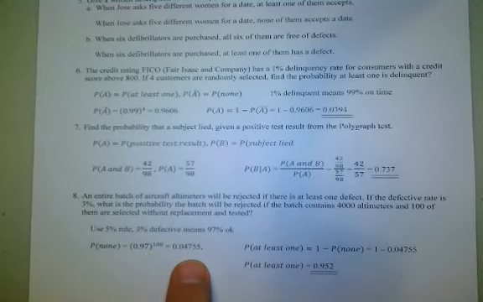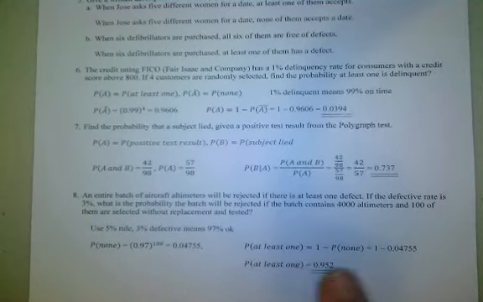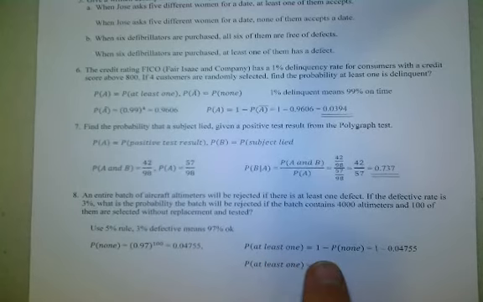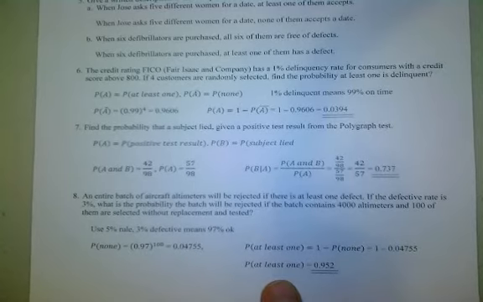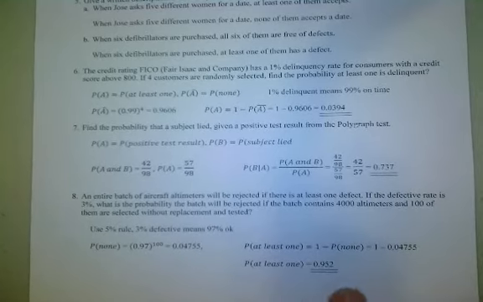And that comes out to 0.04755. The at least one case will be 1 minus the none case. So 1 minus 0.04755. The probability at least one of them will be bad is 0.952. So there is a high probability that at least one of them will be bad. And that wraps up Section 3-2.